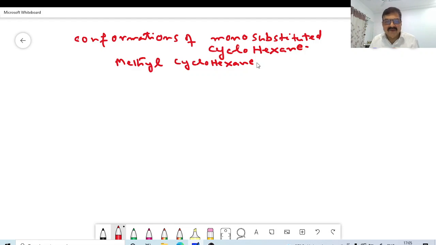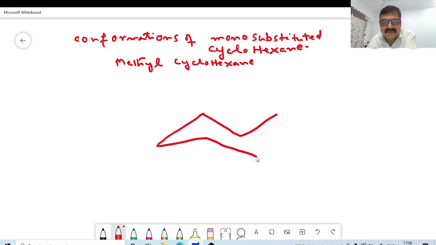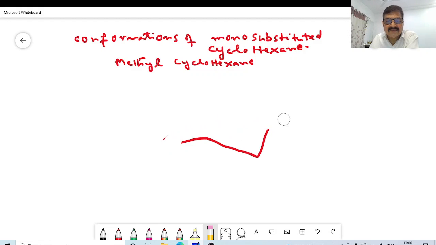So how will it look? I will draw it slightly this side so that you can draw the other structure also.